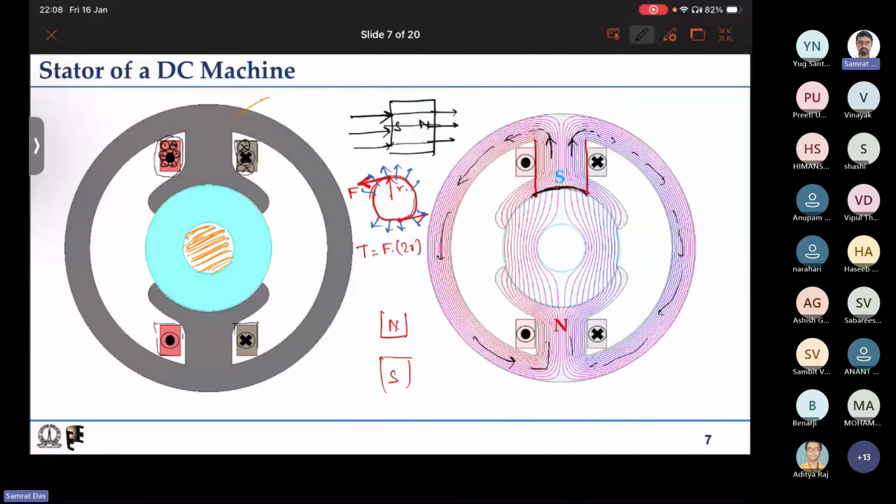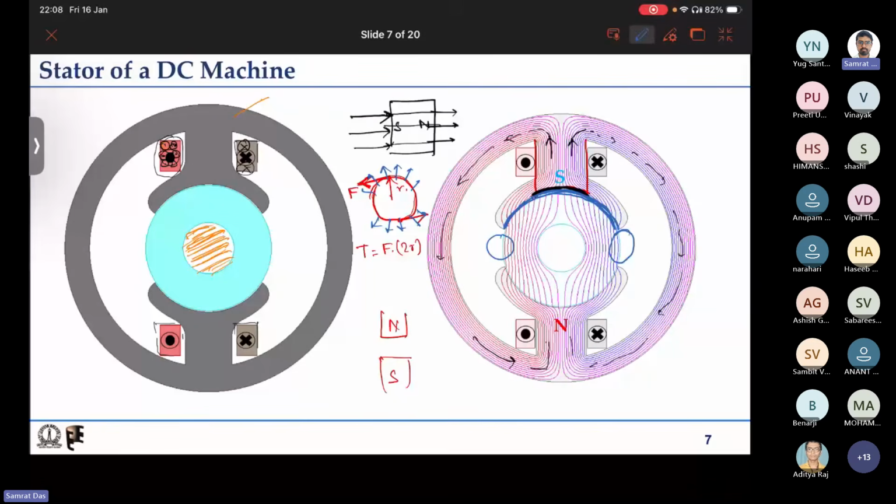We will have some flux density in this region only. But if we extend that, then we would have non-zero flux density in this whole region. So by extending the pole shoe, what we are trying to do is extend the constant flux density region, or reduce the zero flux density regions.